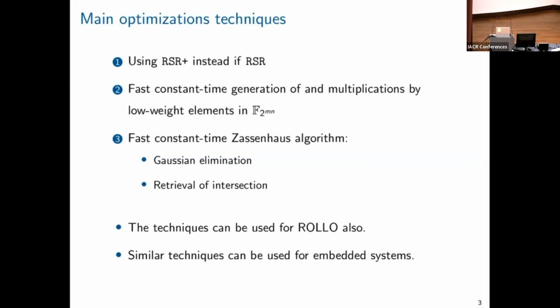We also figured out techniques for doing a fast constant time Dieudonné-style intersection algorithm, which is used in RSR or RSR plus for computing the intersection of linear spaces. To do this, you have to figure out how to do the Gaussian elimination inside the algorithm quickly and in constant time, and also how to retrieve the intersection quickly and in constant time.